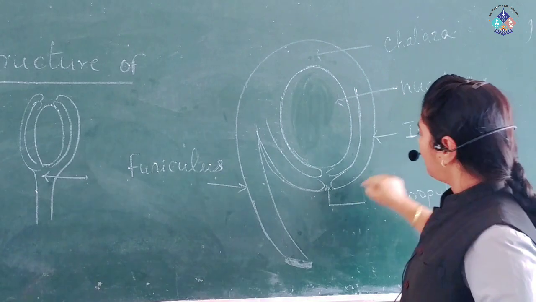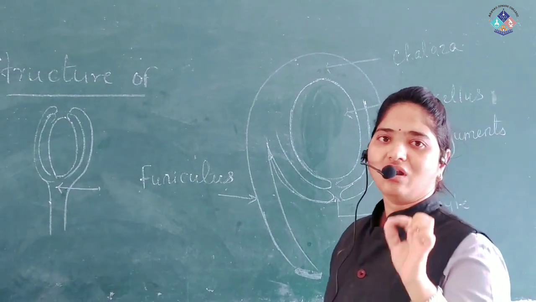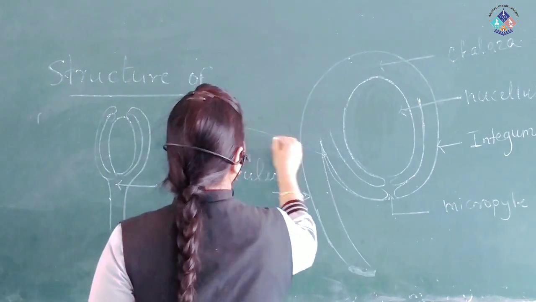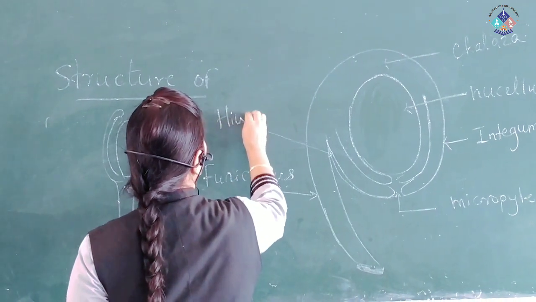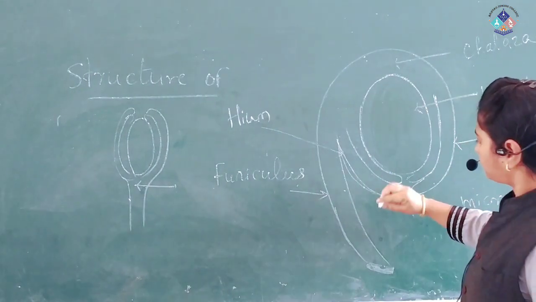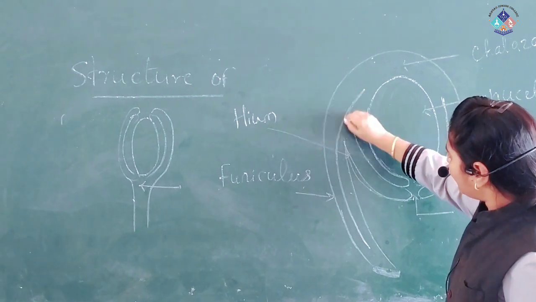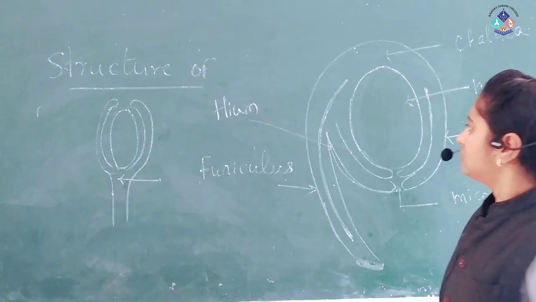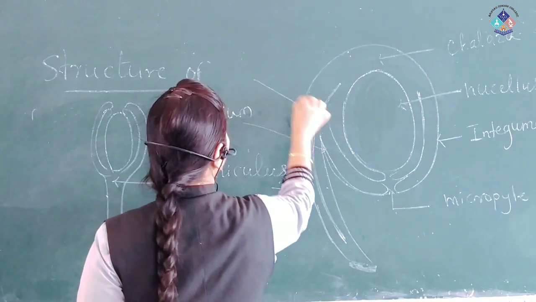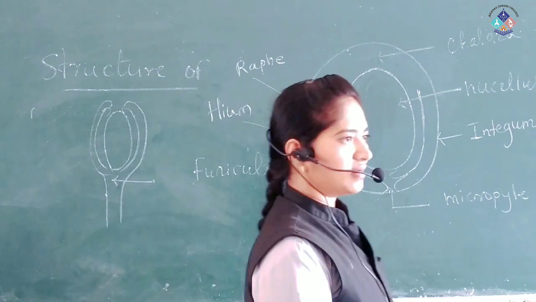So the part where this body and the stalk are attached is called hilum. It is called hilum. Then, one more part is inserted which connects the body and stalk. That part is called raphe.